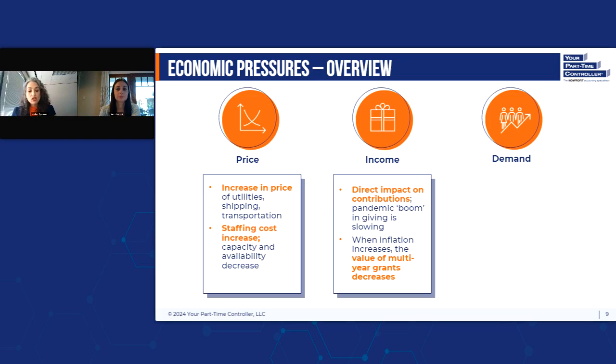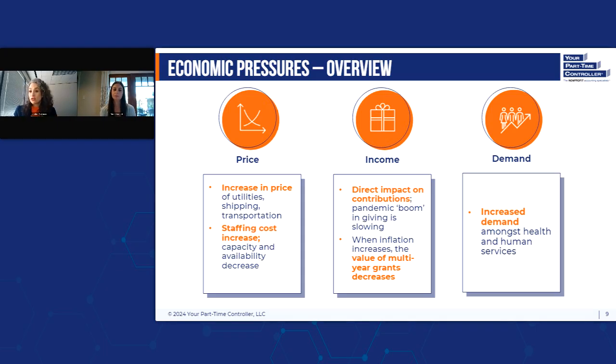And then as we look to demand, the economic uncertainty prevalent for the last few years and continuing, and the rising inflation can be associated with difficulty in society at large. So some nonprofits came out of the pandemic stronger.